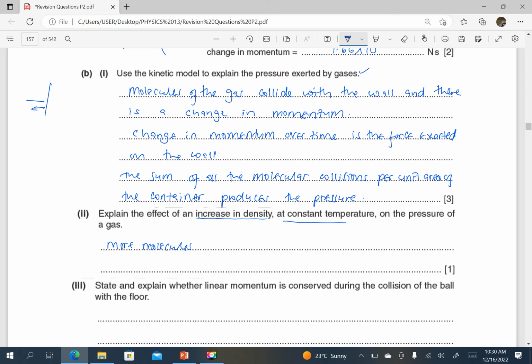So we have more molecules per unit area, which means more collisions per unit time, so greater pressure.